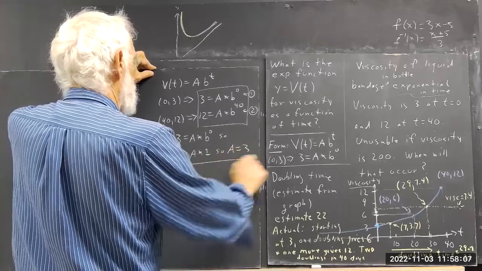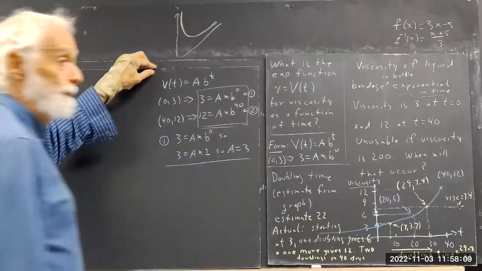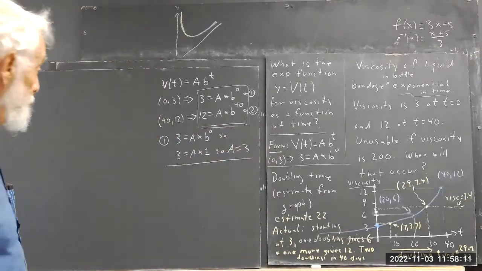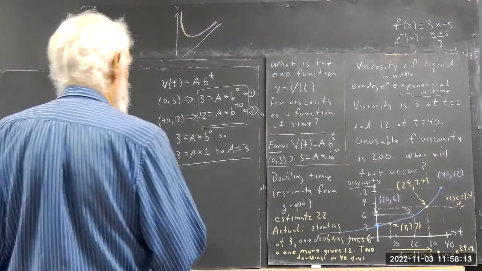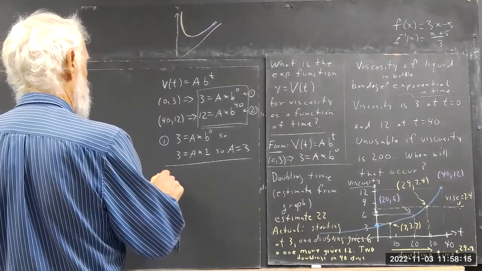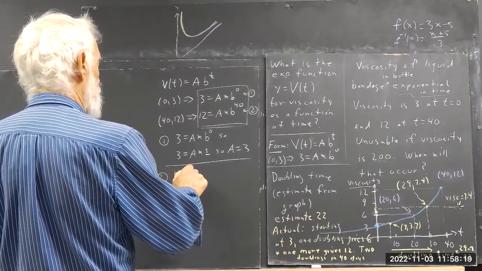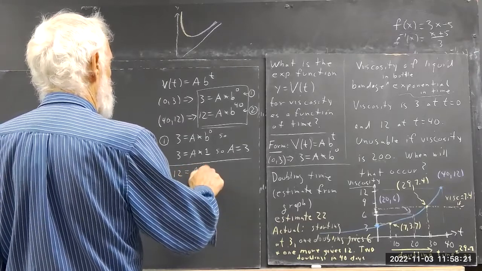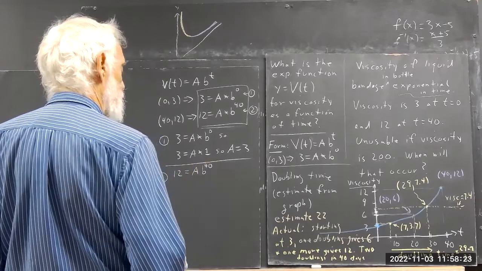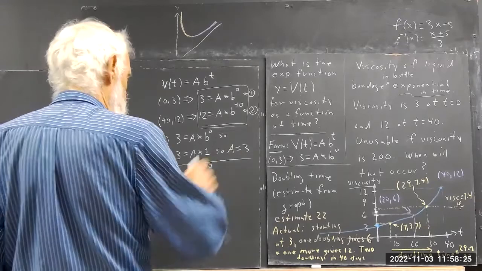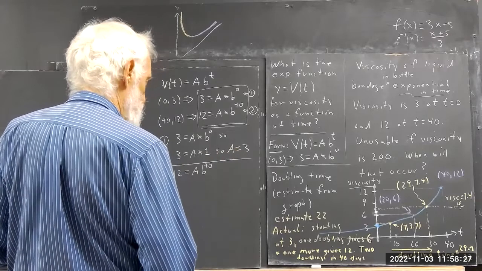And it very quickly follows that A equals 3. Second equation is 12 equals A, B to the 40th. But we know that A equals 3.